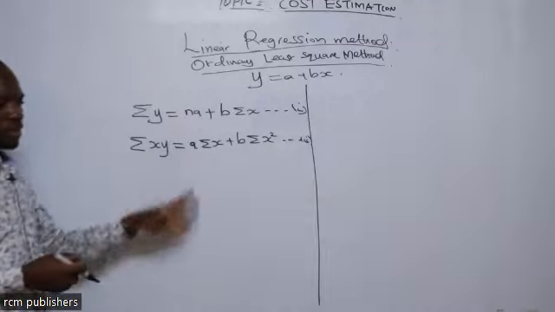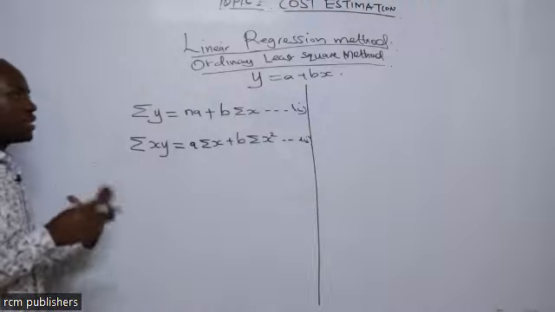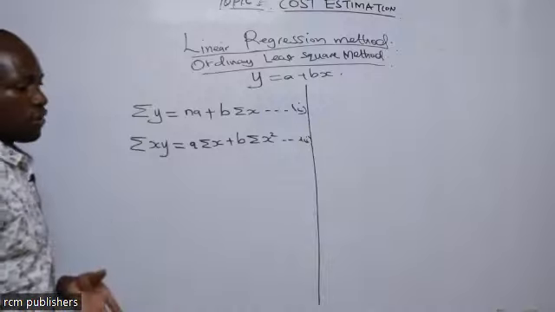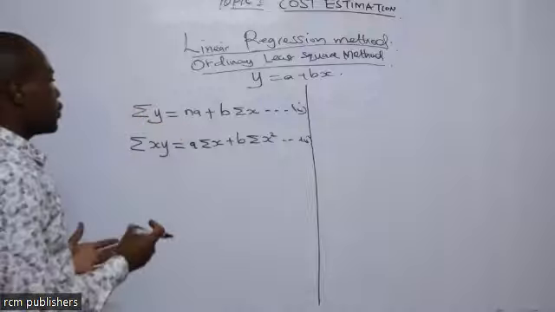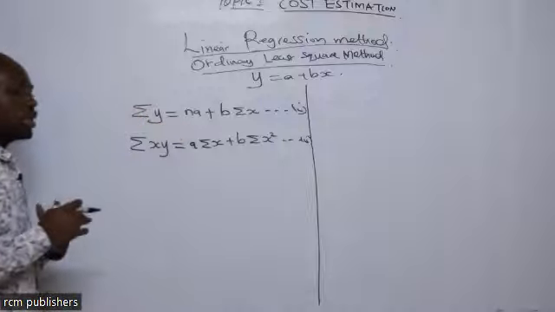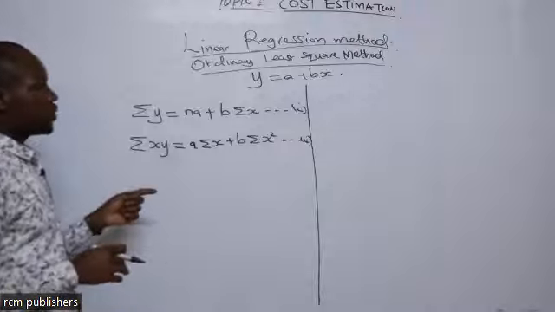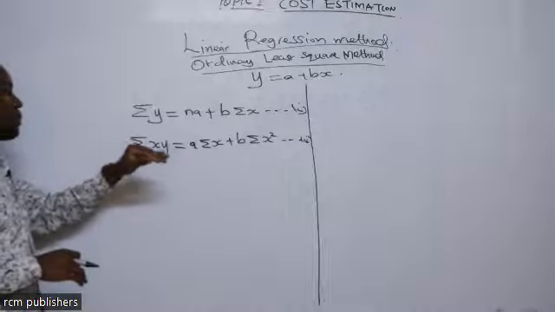My advice to you in this particular question: don't go the matrix way. Of course, we'll get the answer, but our main interest here will be to save on time and have sufficient time to do everything. Let us use the substitution or elimination method. It will help you to solve this within the shortest time possible.